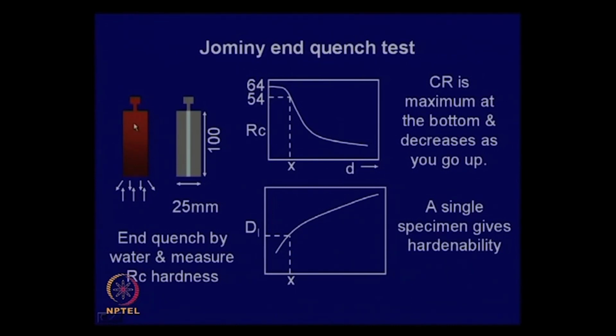And after the end quenching is done, after the sample has cooled down to room temperature, you take out this piece from the fixture, and this specimen also, these approximate dimensions are given, and these tests are actually empirical tests.